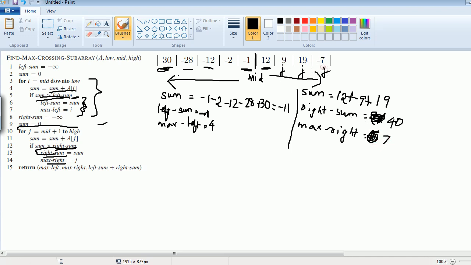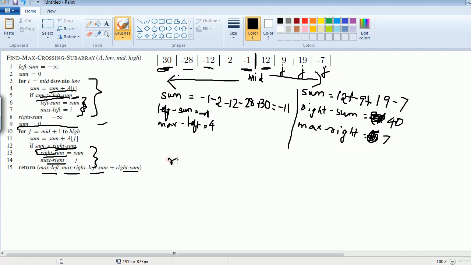Next, j is here, so you do sum minus 7, which is 33. Is 33 greater than right sum? No, because right sum is 40, so none of these execute. Okay, so this way now we are returning max left, max right, left sum plus right sum. So what's left sum plus right sum?